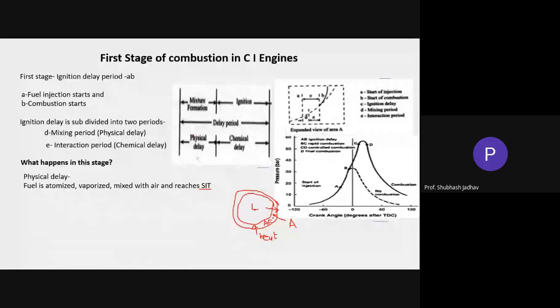All the physical things are happening, and therefore we call this the first substage of the delay period, the ignition delay period. So this small d is your physical delay period. This particular period is this A to B, and it is being subdivided into D and E.